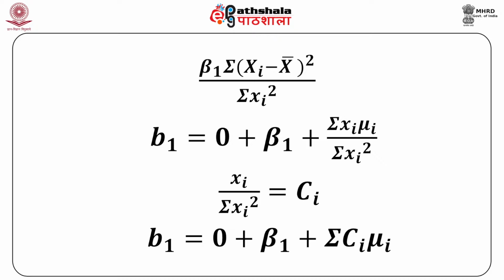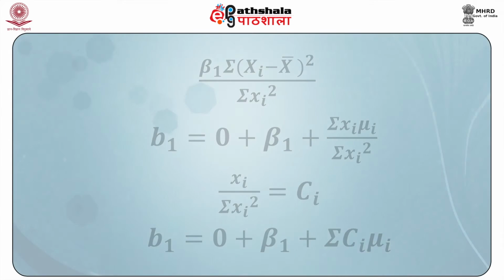Therefore, B1 is equal to 0 plus beta 1 plus summation xi mu i divided by summation xi square. As previously put, xi divided by summation xi square was Ci. The above equation becomes B1 is equal to 0 plus beta 1 plus summation Ci ui.